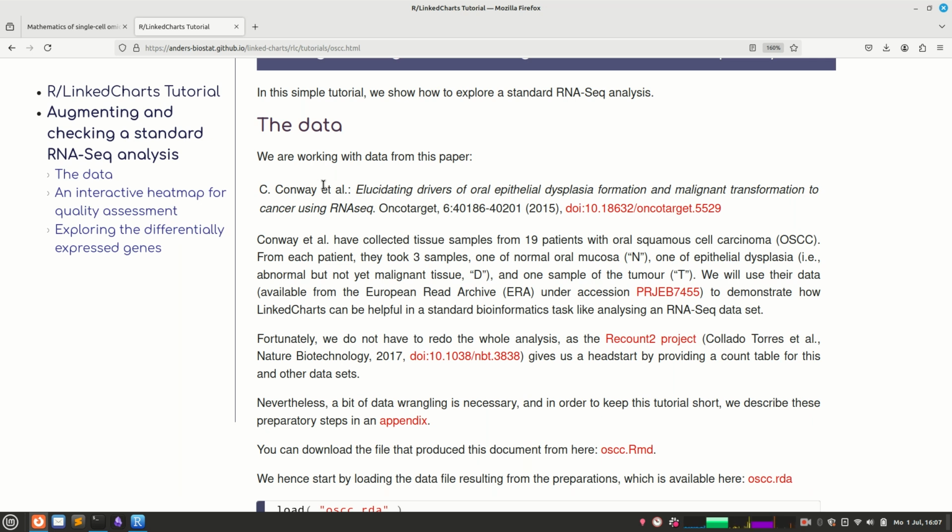But it's a typical example of this run-of-the-mill standard application of how RNA-seq was used in clinical research over the last 20 years. So what these people did is they collected tissue samples from people with mouth cancer, or oral squamous cell carcinoma, OSCC, so a cancer on the inside of your mouth.